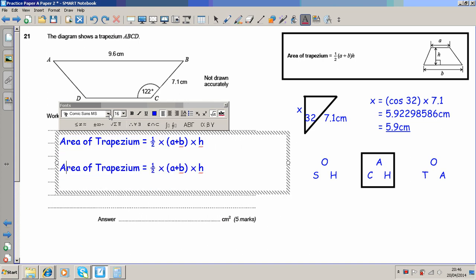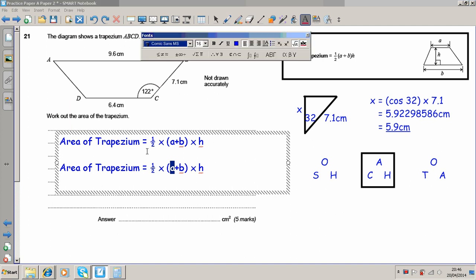So for us, A add B is 9.6 plus 6.4, and the height we just worked out to be 5.9.